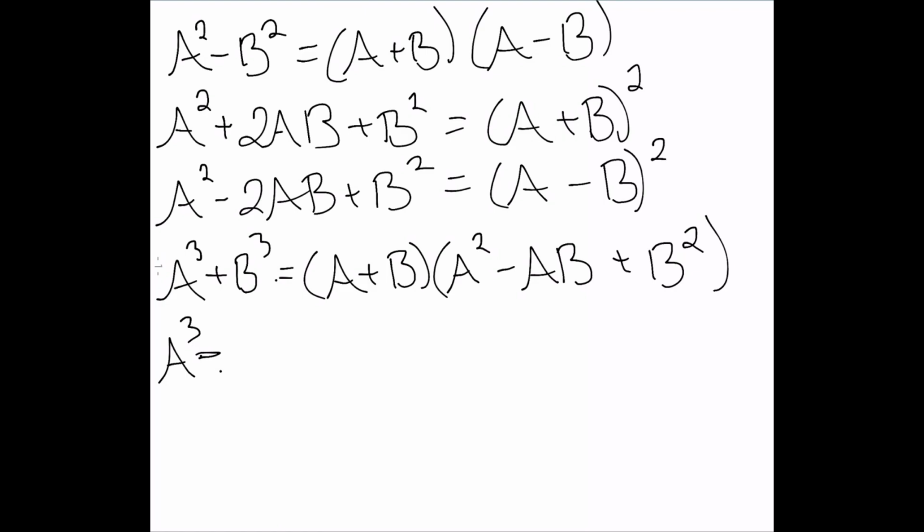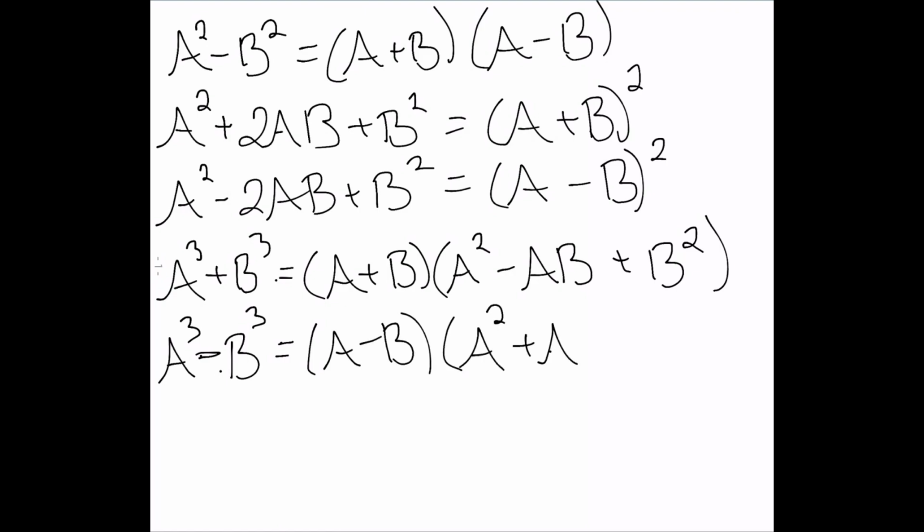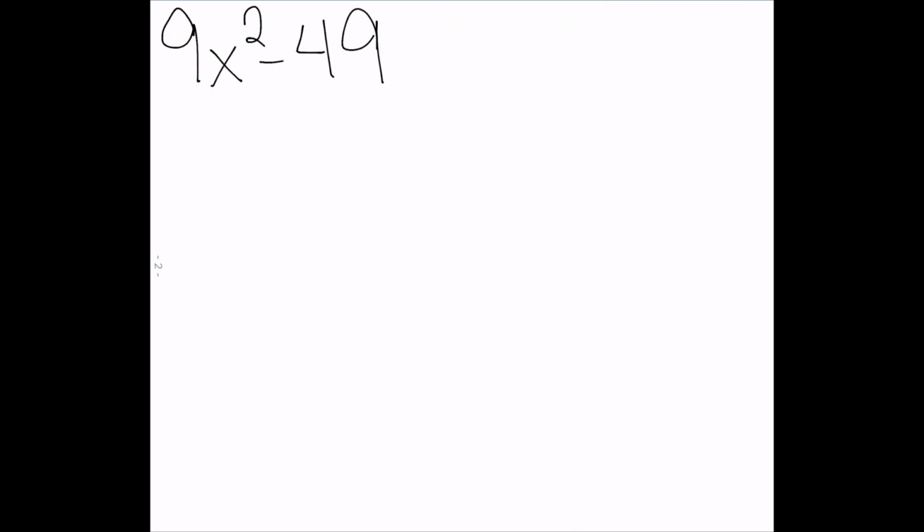And if I make that a minus instead of a plus, a cubed minus b cubed becomes a minus b, a squared plus ab plus b squared. So getting the signs can be a little bit tricky. The first sign is always the same, the second is the opposite, and then the third is always positive. So let's look at using these formulas.